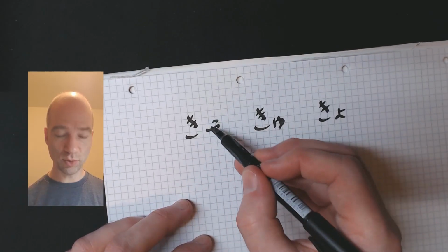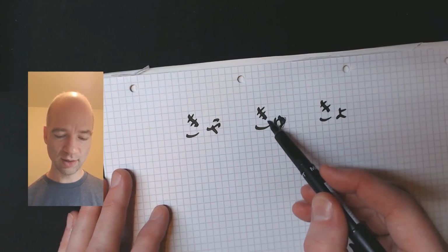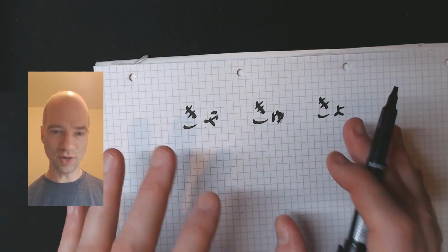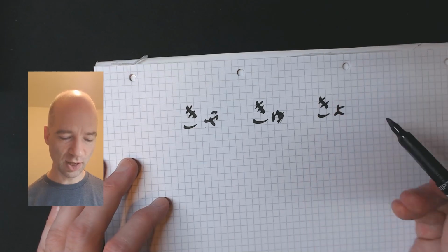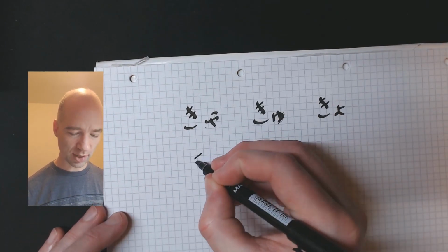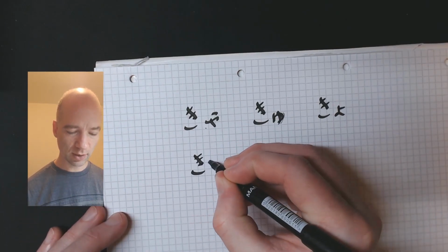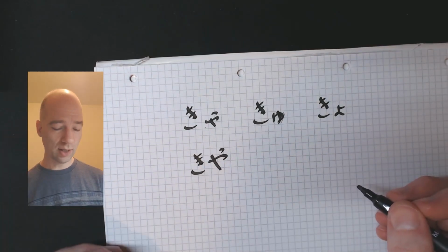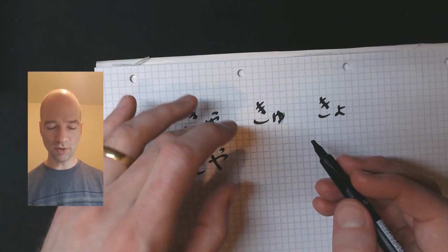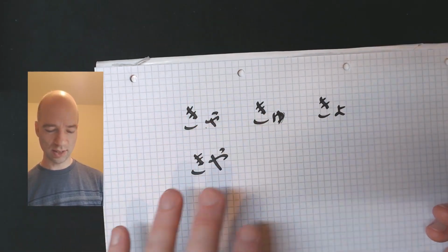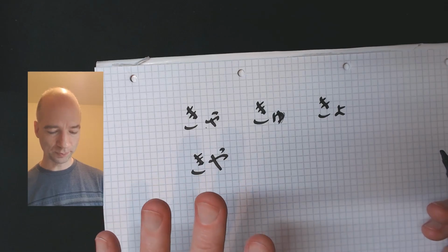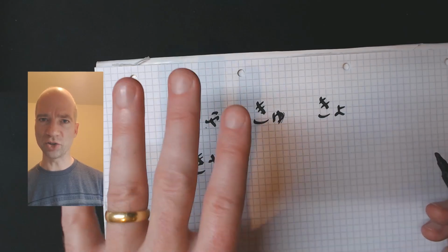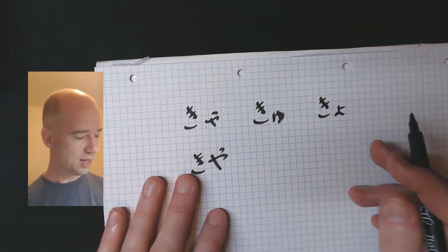So make sure that when you do these, that you write the y line characters so small that it's very clear that they are not their own syllable, because it could conceivably be a word that is kiya something. It is possible. So it's important that you make them very distinctive, and it's easy to see that they are small. So I think it's about half the size, half height actually is something to aim for anyway. And when you're doing those.